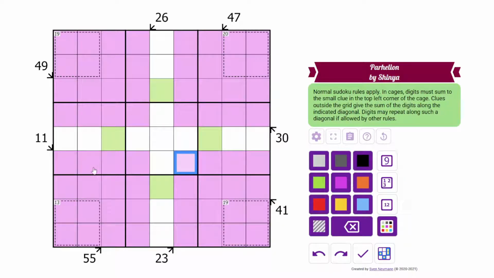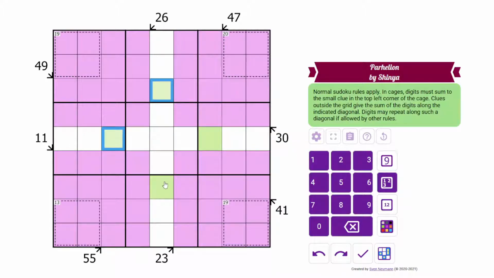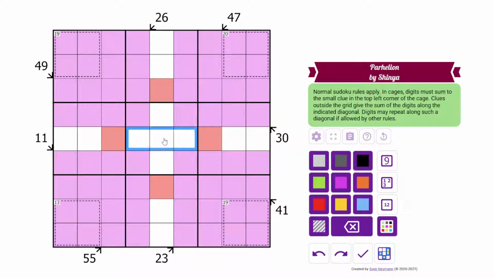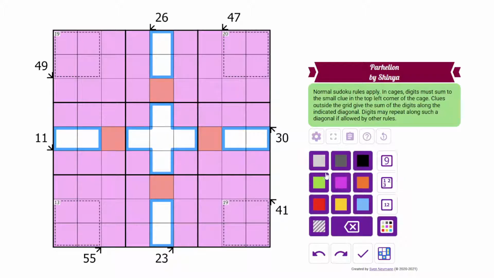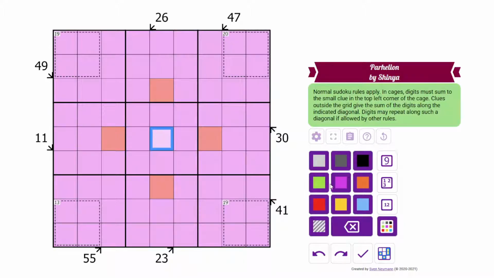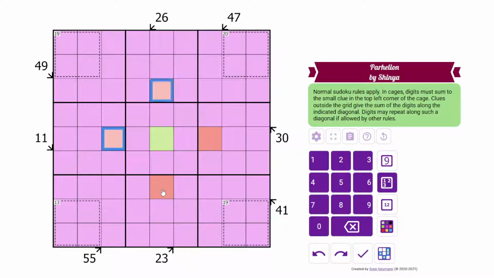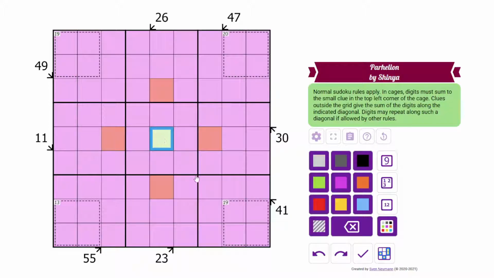Oh, wait a second. So 424 plus 90 is 514. So these cells counted 3 times. No, 4 times. Because this is diagonal, that's diagonal. Those were already double counted. So these cells 4 times, and that cell twice, adds to 514.